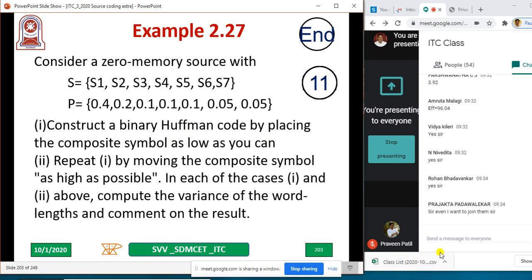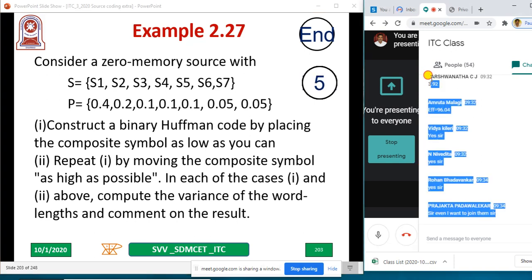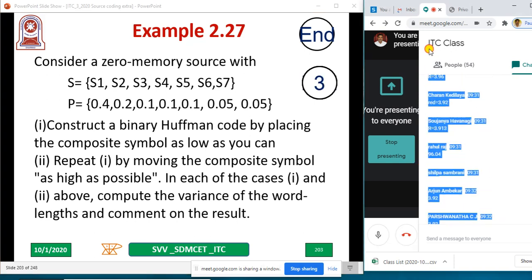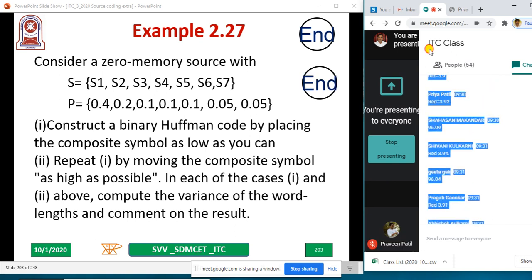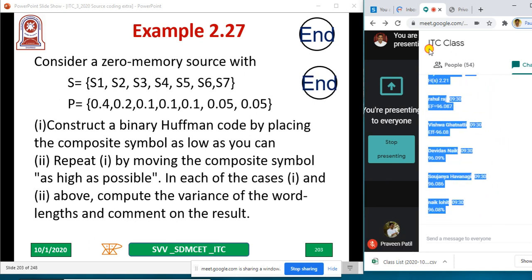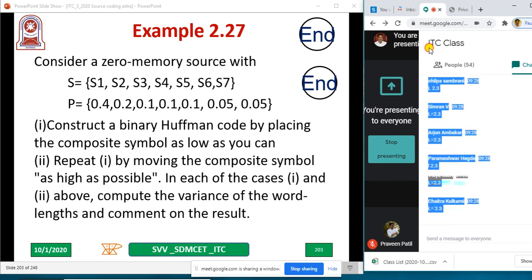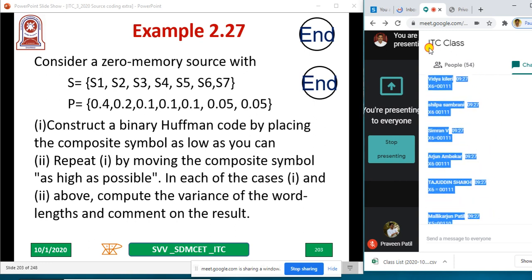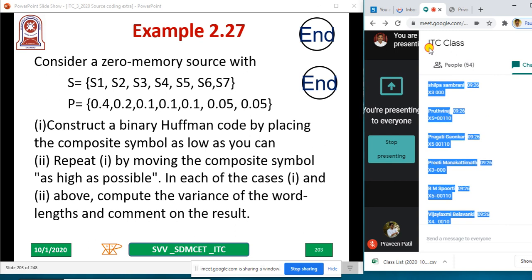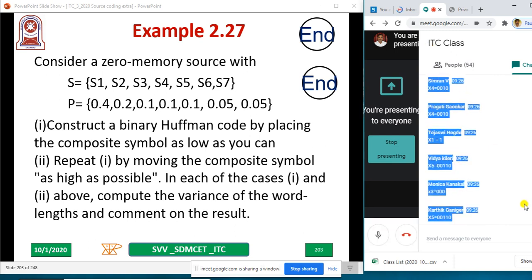The same thing you have to repeat for the remaining also. So I am copying your content.